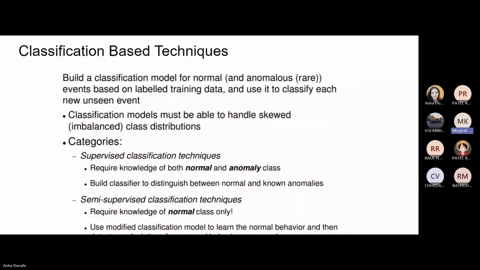Now, when you have to build a classification model for normal and anomalous data, which are the rare events based on labeled training data, you have to use it to classify each new unseen event. So classification models must be able to handle the skewed class distributions also.